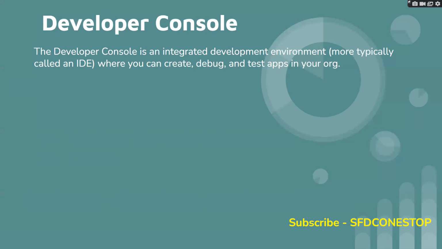So you can call this Developer Console a one-stop solution for a variety of development tasks that we usually perform. If you want to generate logs for debugging, you can do it directly from your Developer Console. If you want to test your Apex code, you can do it from the Developer Console. You can write and execute your Salesforce Object Query Language.